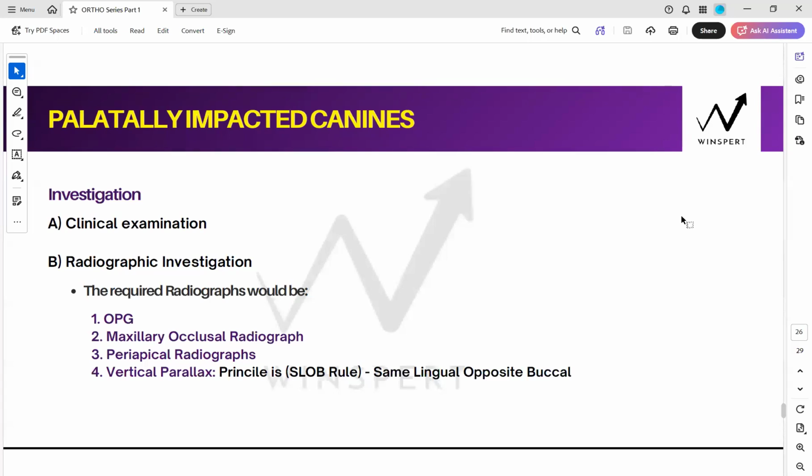If you want to check adjacent roots, etc., as well as the lingual position or the buccal position, periapical radiographs with your SLOB technique is more helpful. If all three are given, it is not about sequencing, it's about the question usually asked in the exam: which will give you the most information. That comes with your periapicals with SLOB rule, right?